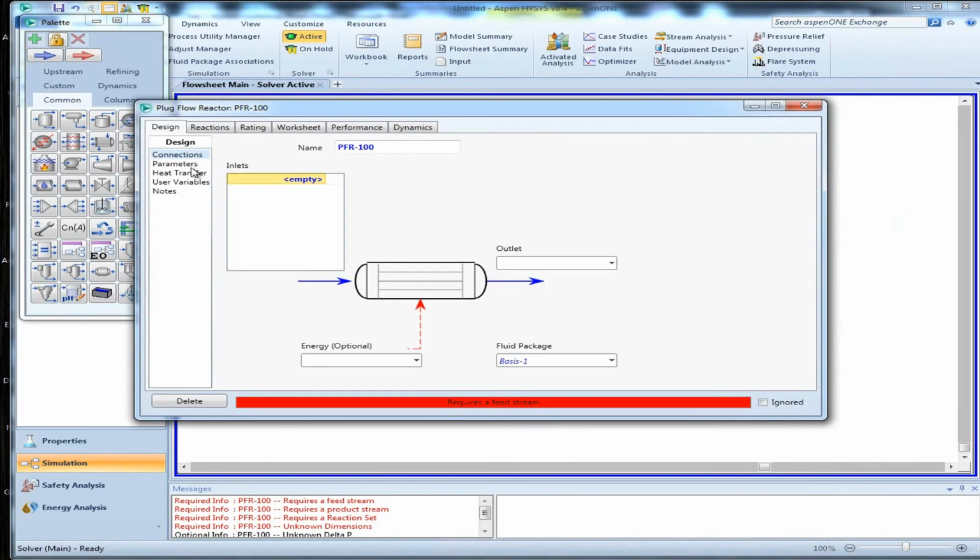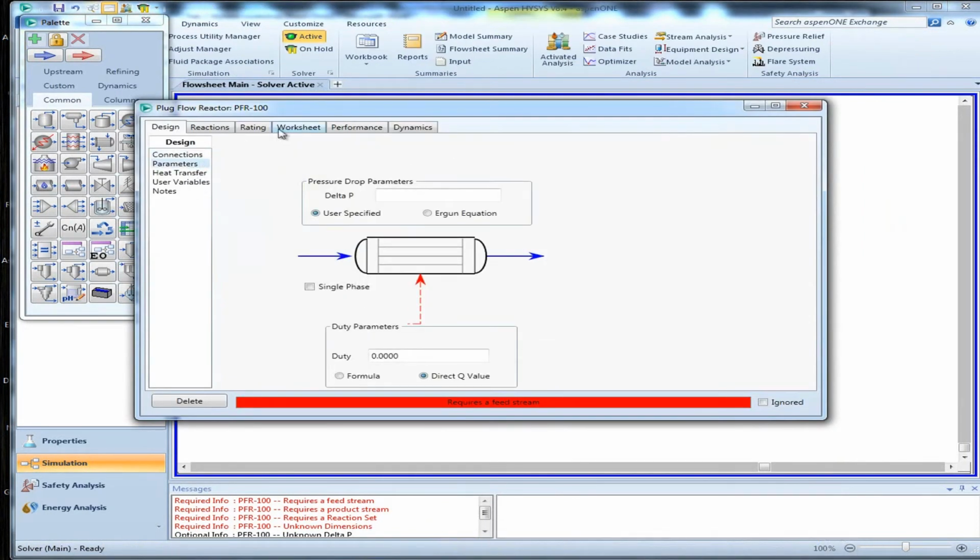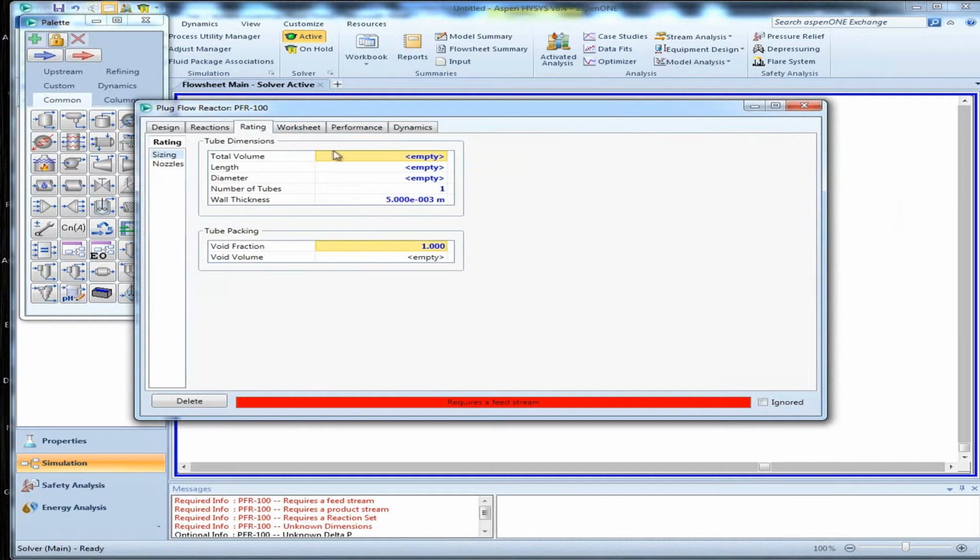So let's see, how can I do that? I use rating here. So we have 20 meter length, diameter of 3.6, and there are 5 tubes inside.